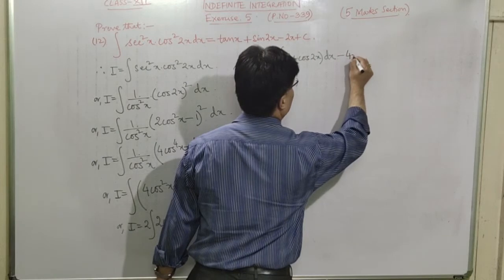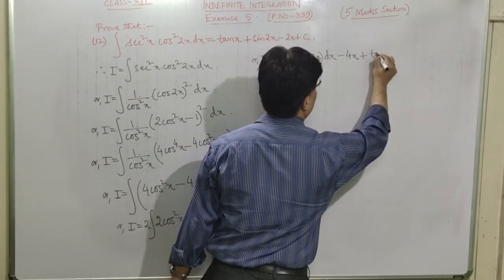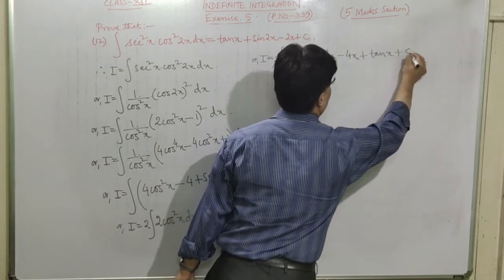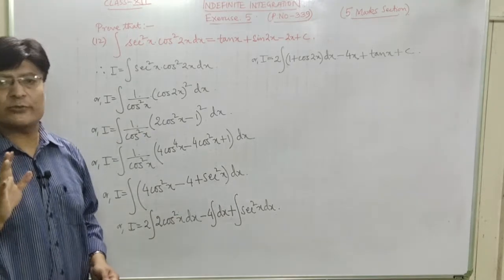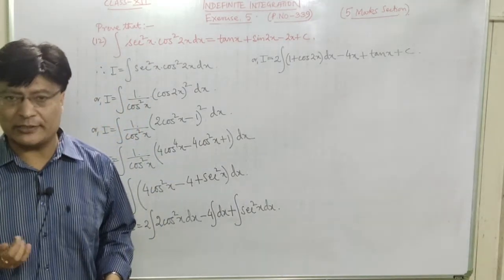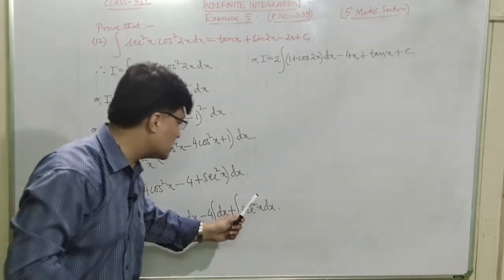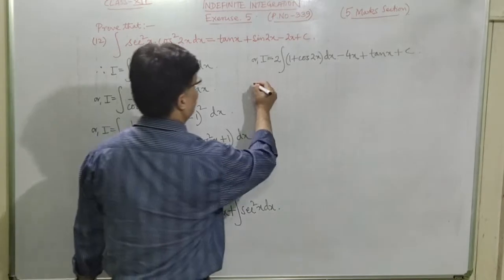Then plus, what is integration of sec square x? That is your tan x, and then you can write plus c. That is, integration of sec square x means differentiation of which function is sec square x, so that is your tan x. Okay? So let us separate them.